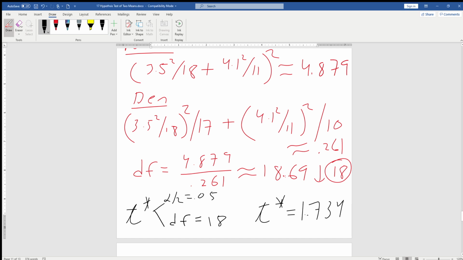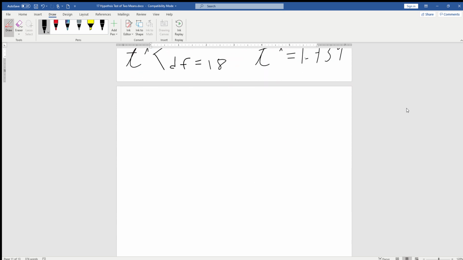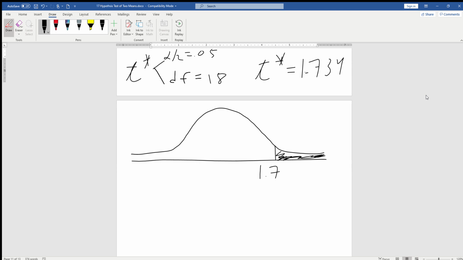All right. Even though that's taxing, the rest of the problem isn't too bad. So now we're going to go ahead and construct the distribution. Remember, our distribution is a two-tailed test. So our right tail, we have positive T critical, which is 1.734.